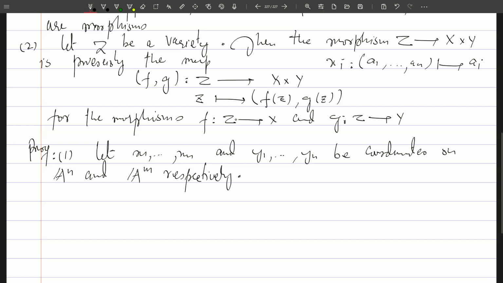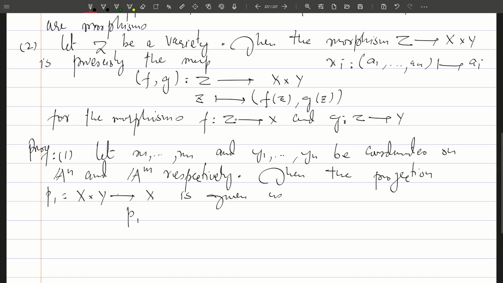So then the projection p1 from X times Y to X is given as the n-tuple of regular functions x1 up to xn.